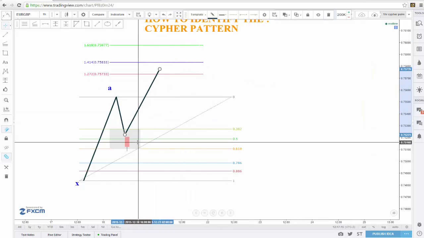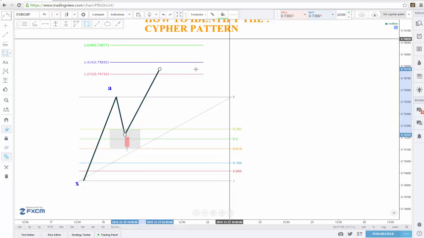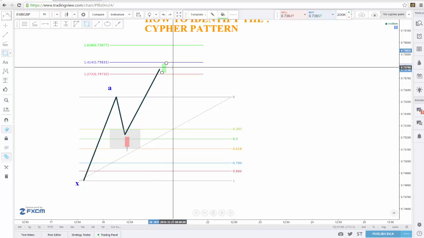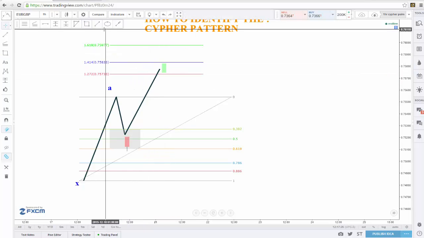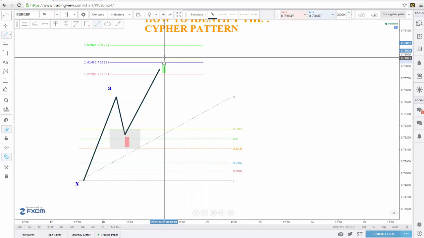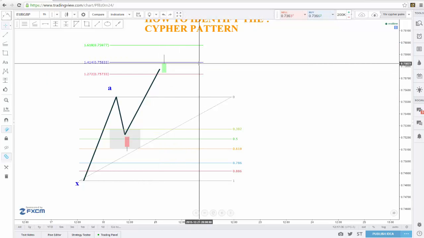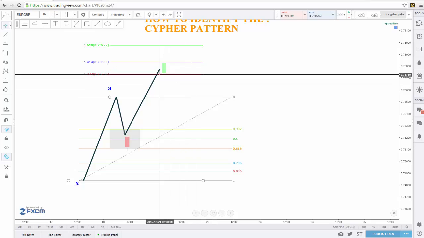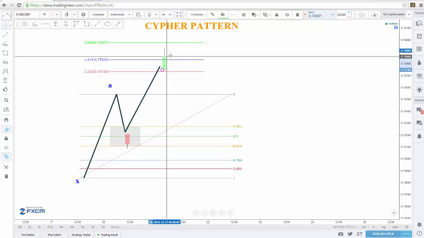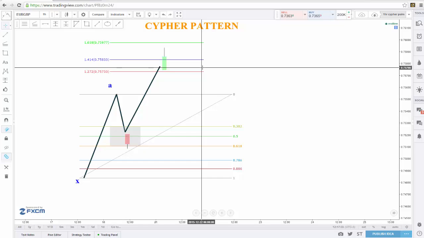So using the same example we did down here, this candle can come up to the 1414, and as long as it does not close above the 1414, even if we have a wick that comes up like this, that is still a valid cipher pattern. Now if the body comes up and closes above the 1414 like this, then that invalidates the pattern.